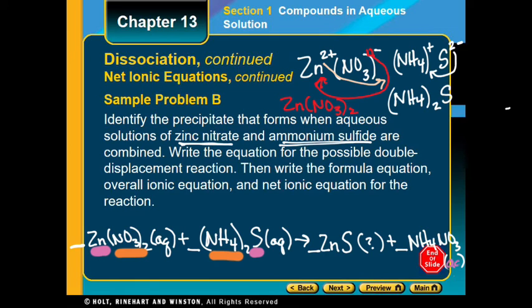So AQ there. And then for the zinc sulfide, let's see here. I am looking at rule number 6, guideline 6. Says most sulfides are insoluble except, and it lists them off. Zinc's not an exception. So that must be our precipitate, which would stay in the solid phase.